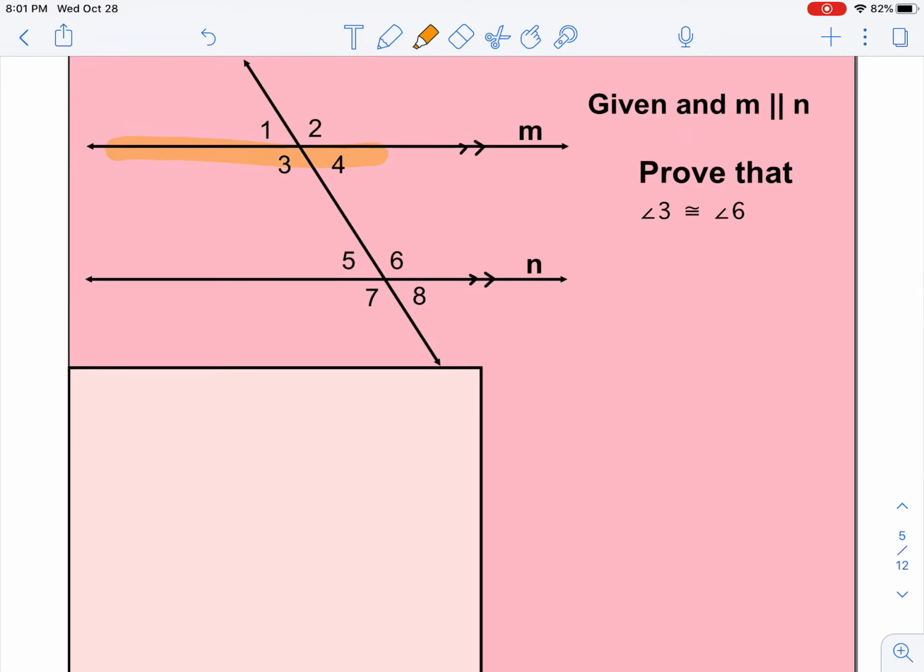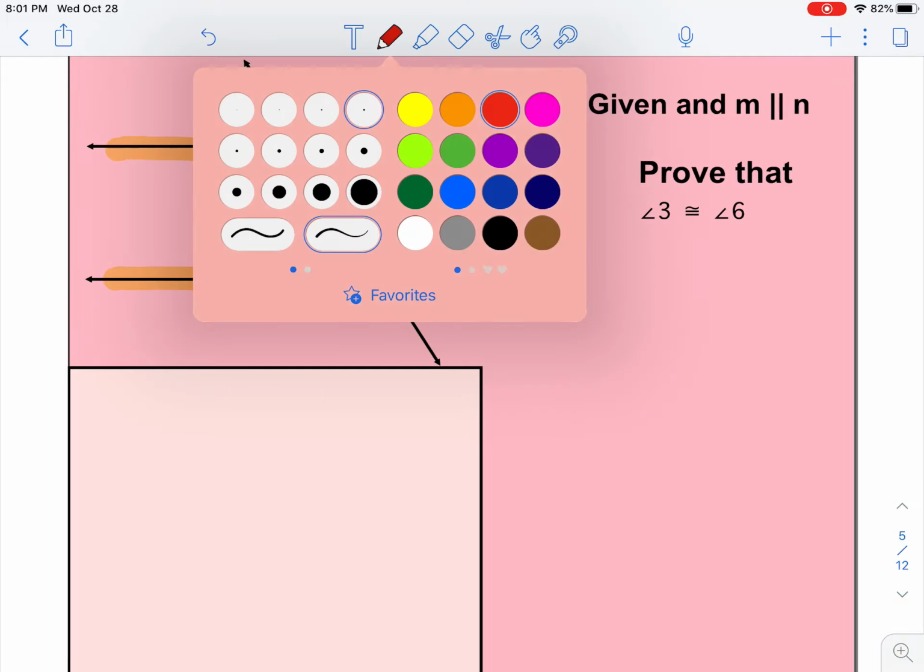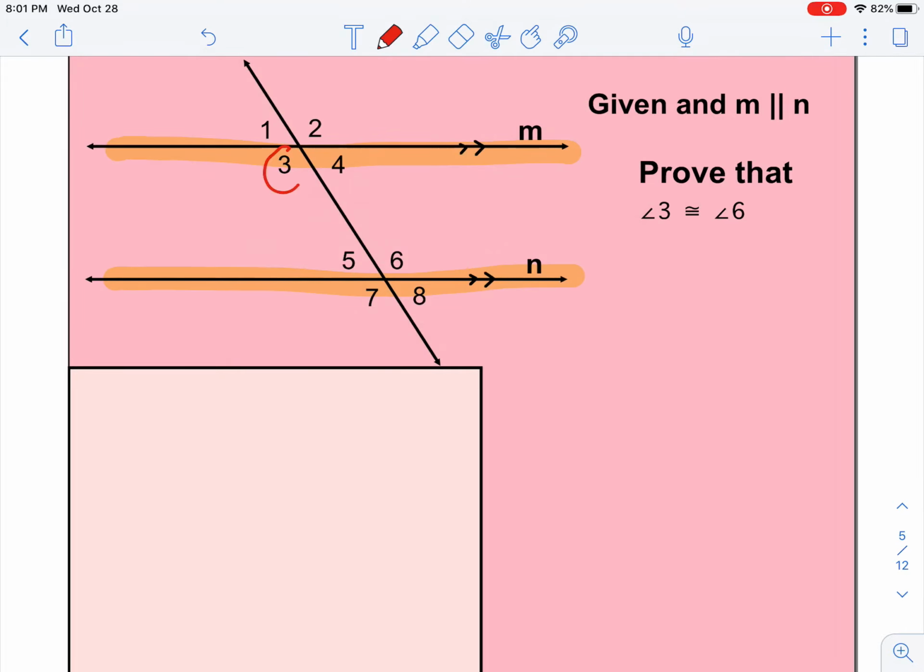So now we are given that M is parallel to N again. And what we want to prove is that angle 3 is congruent to angle 6. So what angle pair is that? That is the alternate interior angles theorem.